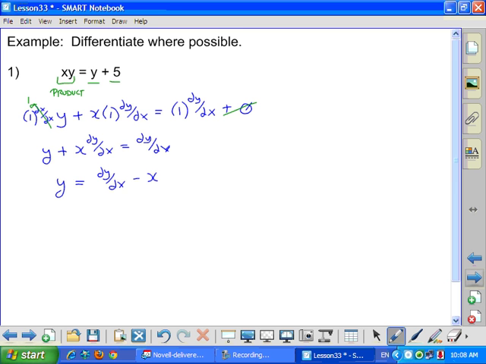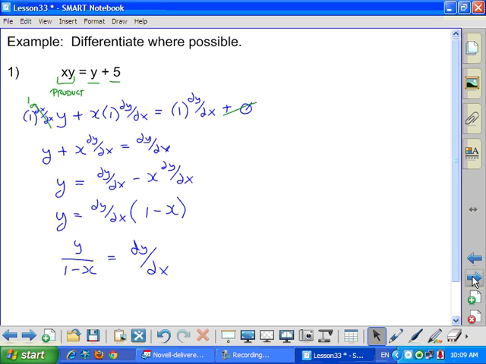And remember that dy by dx, it's a value. Okay, it's a variable at this point in time. And you treat it as such. So dy by dx, and we'll common factor it out, 1 minus x, because it represents the slope of the tangent line. So that means that y divided by 1 minus x is equal to dy by dx.